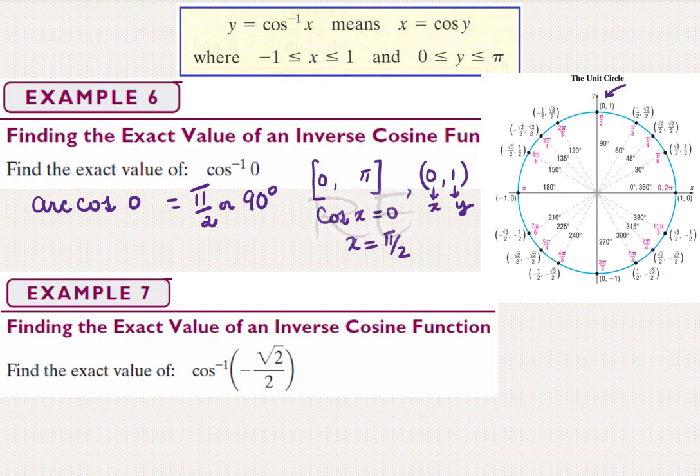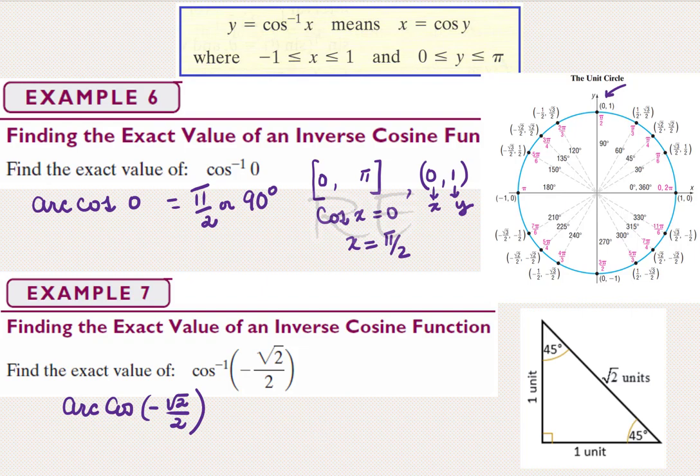Find the exact value of inverse cosine of negative square root of 2 over 2. We are looking for the arc whose cosine is negative square root of 2 over 2. Looking at the reference triangle, the reference angle will be pi over 4, because cosine pi over 4 is equal to square root of 2 over 2.